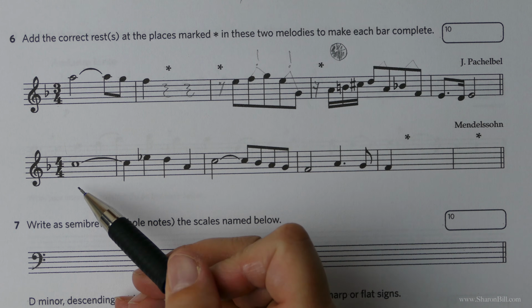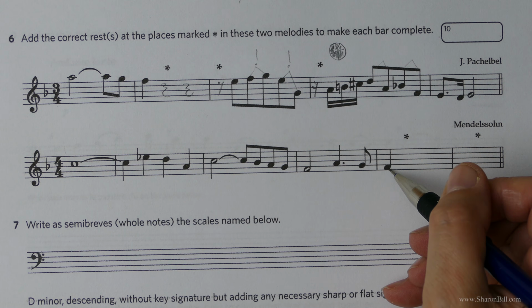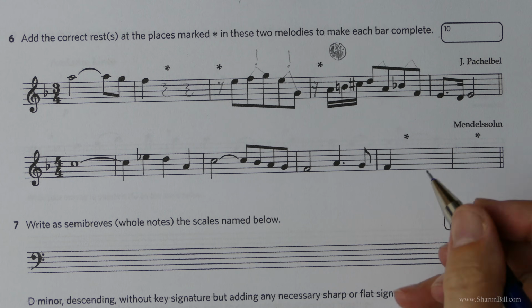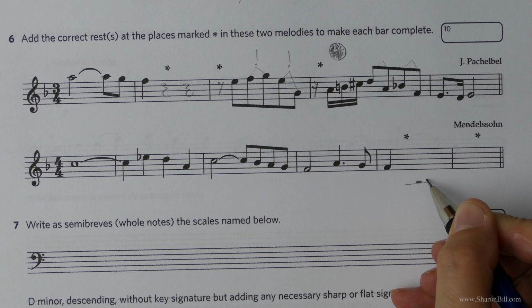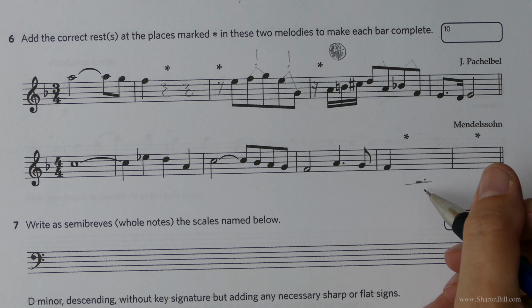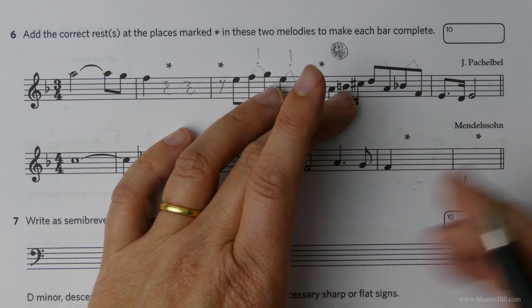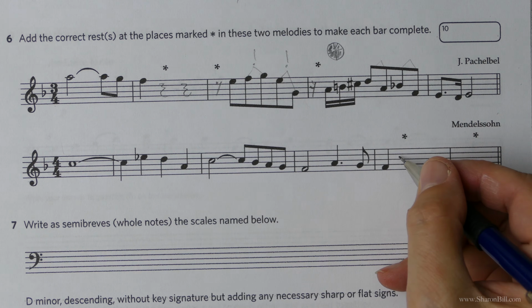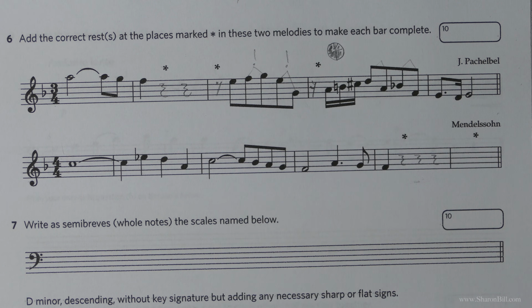So now let's go on to the next one. We should have 4 beats in a bar. So here we've got 1 beat with 3 beats missing. Now what you can't do is add, say for example, a dotted minim, a dotted half note rest. At first glance you might think what you could do to show each new beat has a new rest, we could go 1, 2, 3, 4.